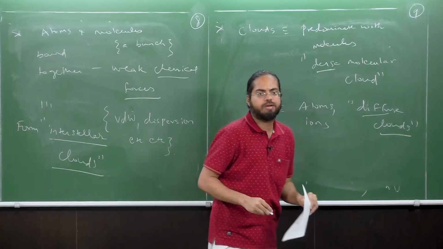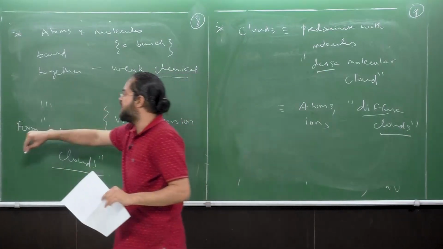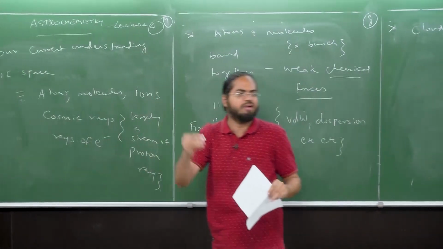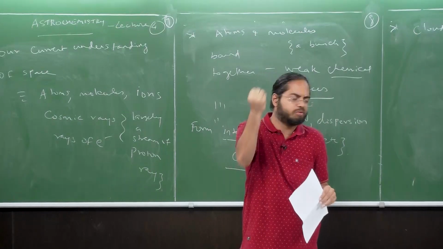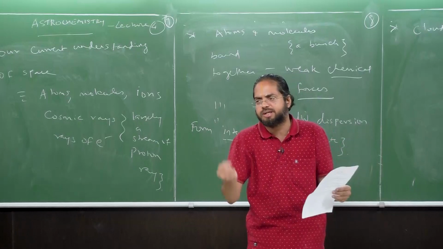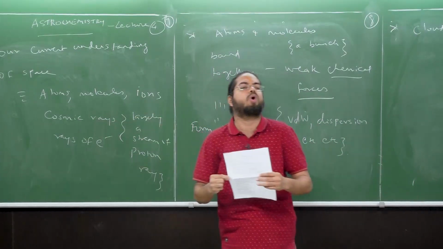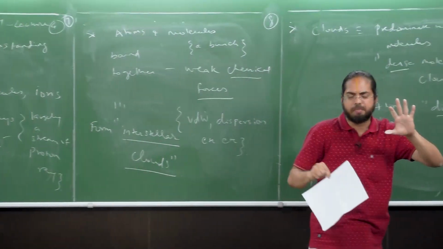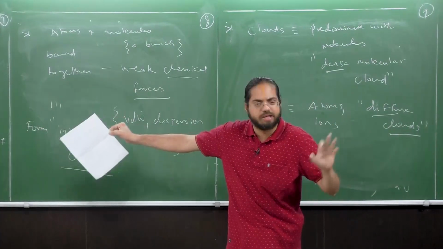Typically, at the periphery of these clouds, you can imagine a lot of cosmic rays and electron rays. They typically do not pass through the clouds itself. It depends on the nature of the cloud. However, just for the sake of visualization, you can imagine that at the periphery there is a stronger influence of the cosmic rays, and the core of the molecular cloud is typically protected from the cosmic rays and electron rays.